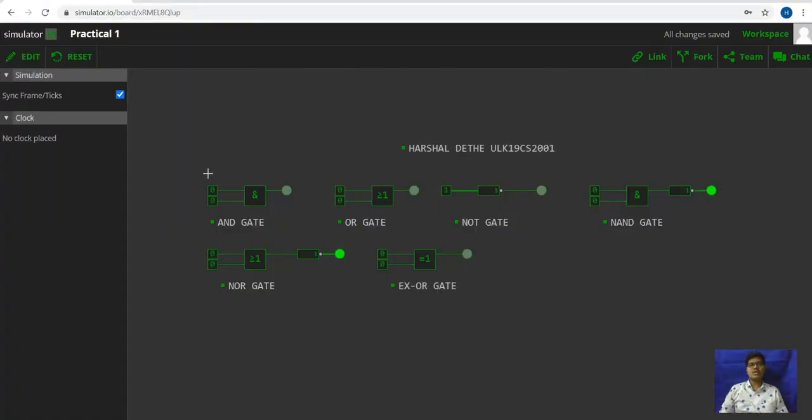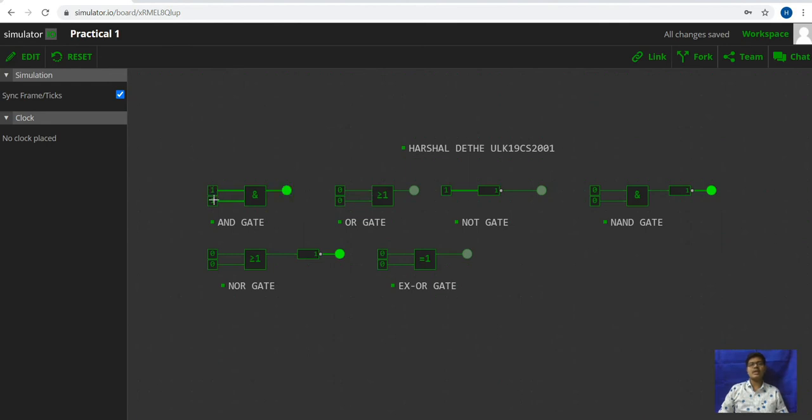Now we will see the logic circuit diagram of this AND gate. When we give input 0 and 0, 0 into 0 is 0, so here we have not got the output. Again we try input 0 and 1, 0 into 1 is 0, and again we have not got the output.